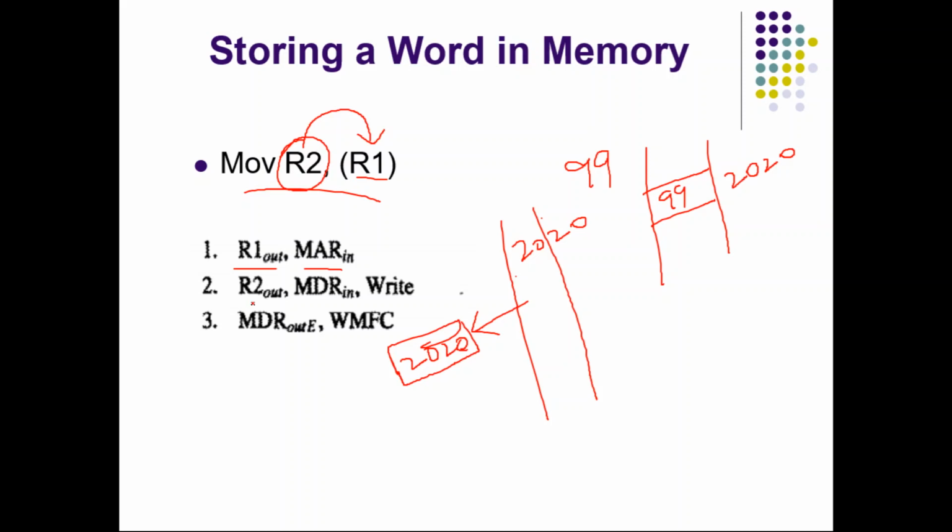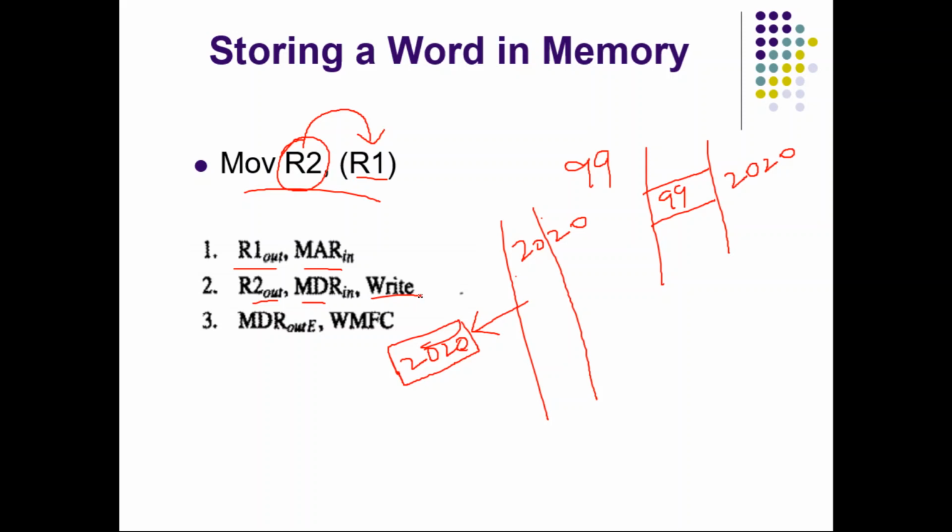R2 out, comma MDR in, comma write. So what does it mean?